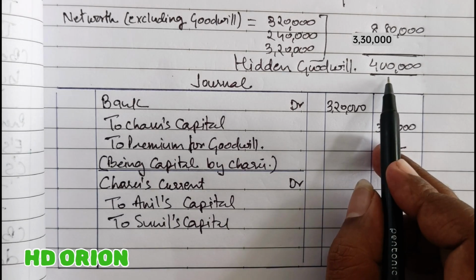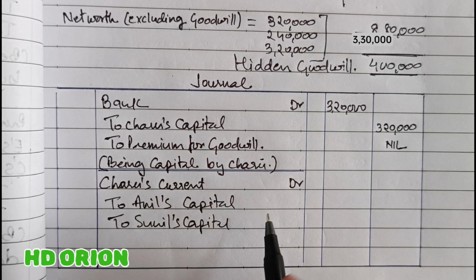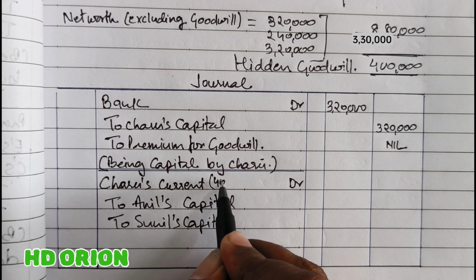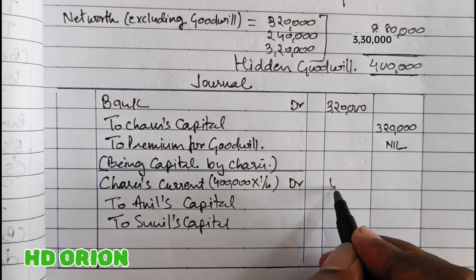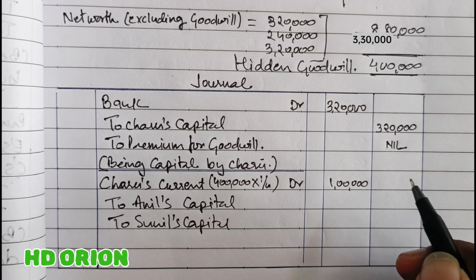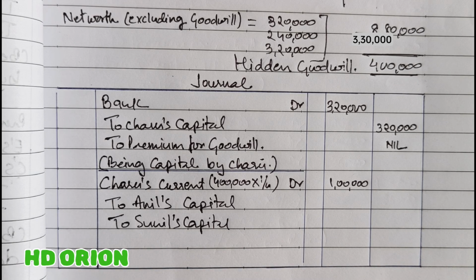If total goodwill of the firm is rupees 4 lakh, Charu was supposed to bring how much? 4 lakhs 1/4. Her portion is 1/4. So 1 lakh rupees benefit to the sacrificers is to be given in their old profit sharing ratio, which is the sacrificing ratio. But in this question, there is no old ratio suggested, so it has to be equal.